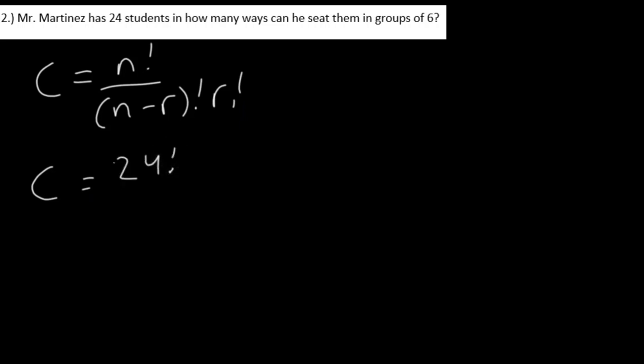So we'll write 24 factorial over parentheses. And once again, we have n on top, n on bottom, so we just write 24 again, minus r, the number of objects being chosen. And in this case, it would be 6. So we write factorial there. And remember, for combinations, we have to add an additional r factorial.